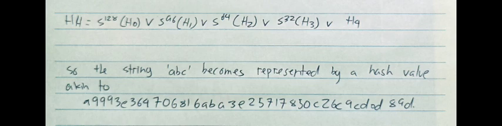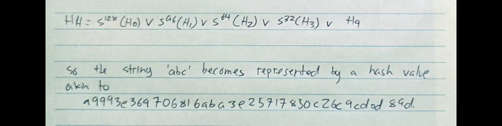As a final step, when all the chunks have been processed, the message digest is represented as the 160-bit string comprised of the OR logical operation of the 5 hash values. H equals S^128(H0) OR S^96(H1) OR S^64(H2) OR S^32(H3) OR H4.